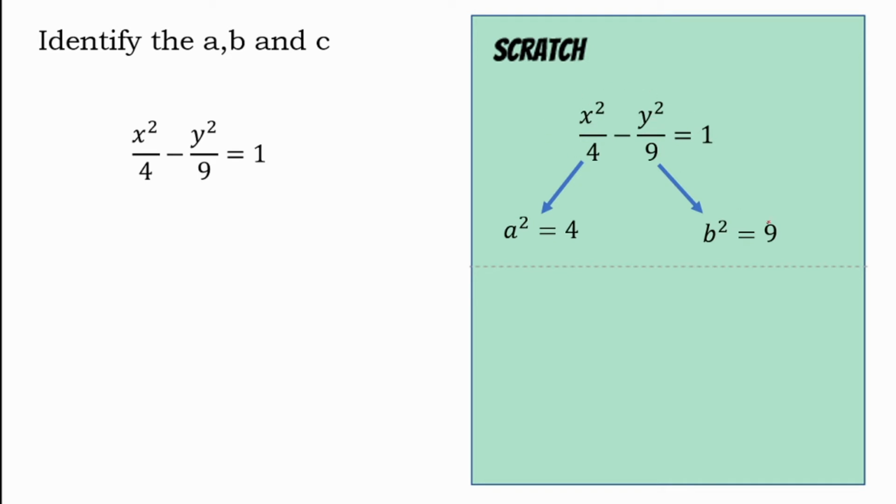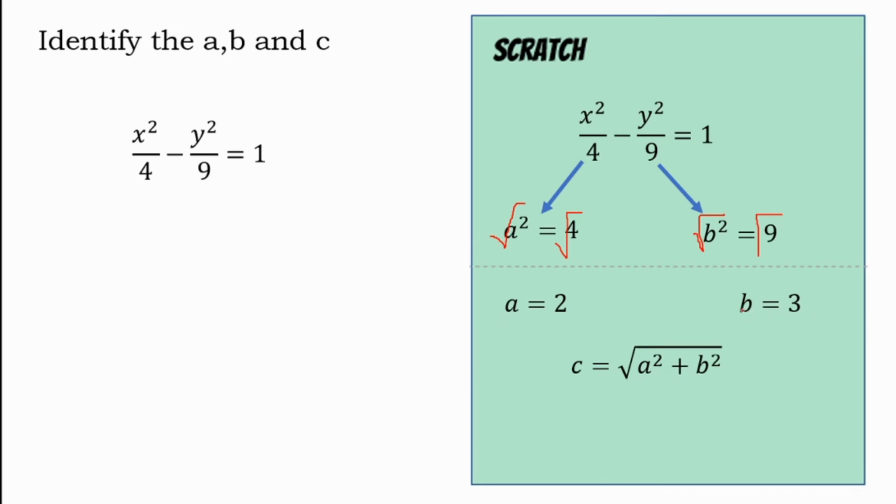Now, we simplify a squared since we only want a. We take the square root of both sides to come up with 2. Same with b squared to come up with 3. Now, we have the values of a and b.